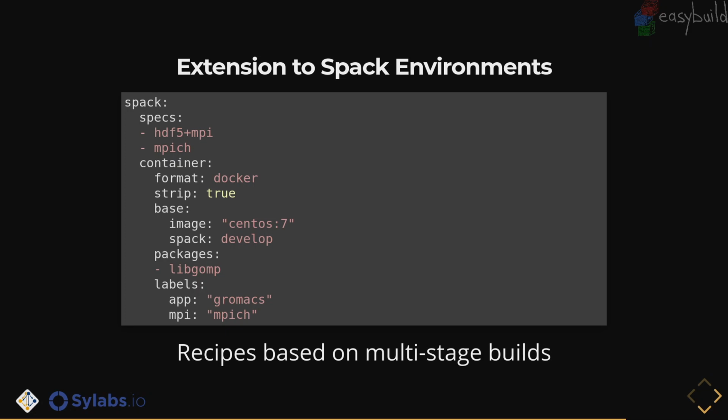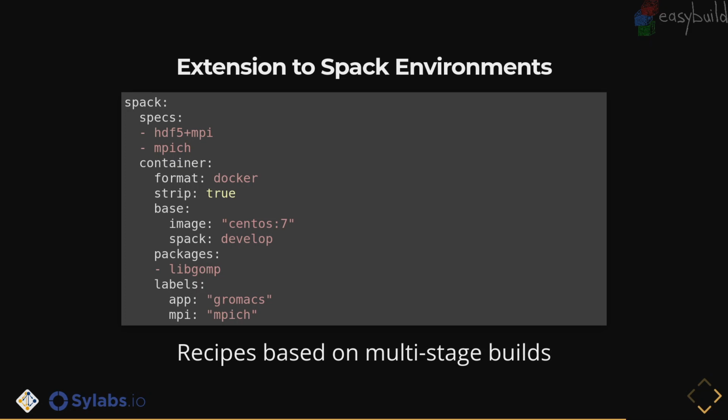All the recipes we will produce are based on multi-stage builds. The initial build stage will be one of the Spack-enabled images that are provided by the Spack organization on Docker Hub. So whenever we push to develop, we have an automated process that builds a Docker image.